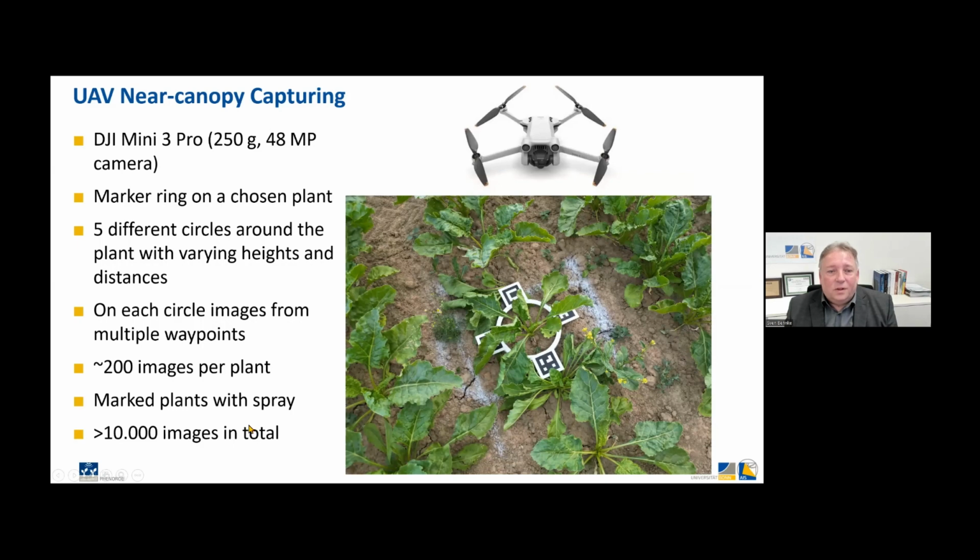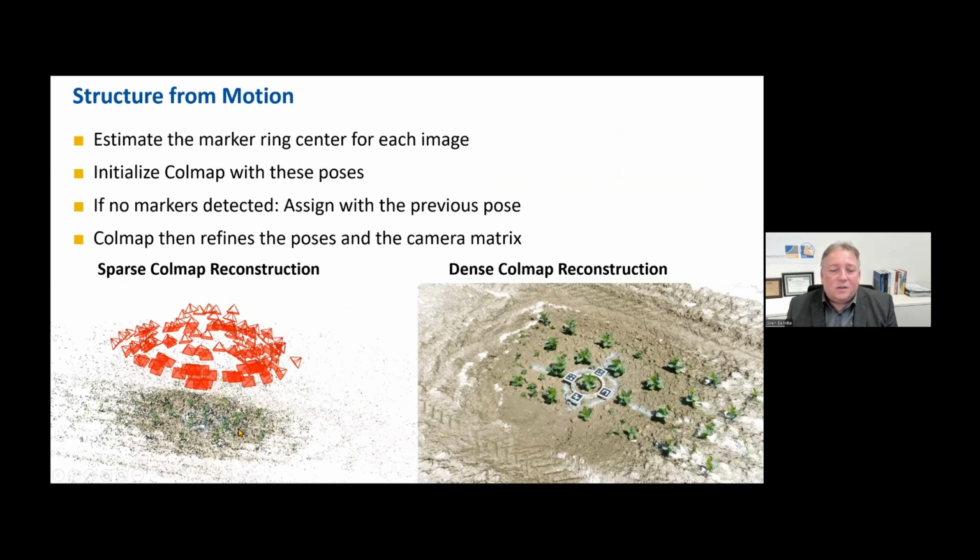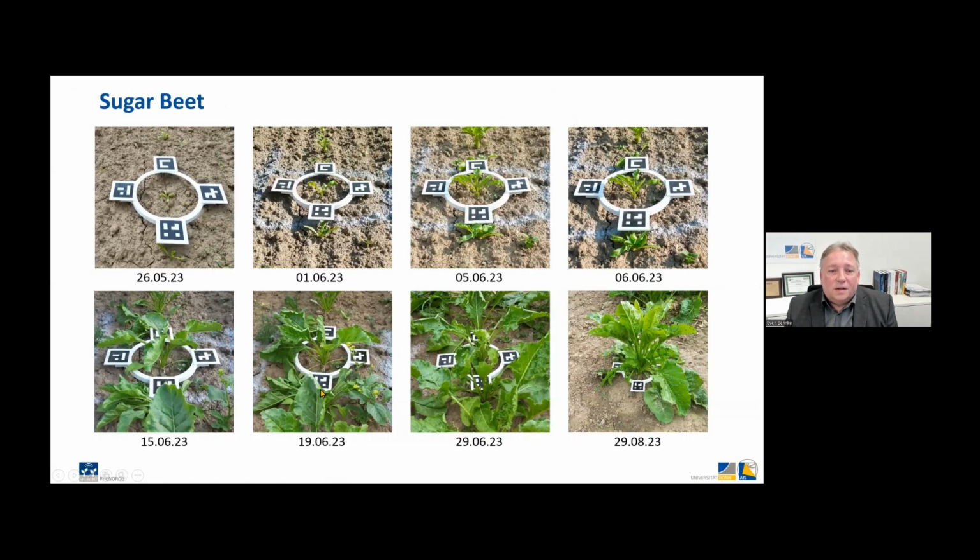We did that on many days with different species, and apply structure from motion to estimate all these camera poses and camera parameters. And we get sparse or denser reconstructions, but this is actually not really the representation that we want.